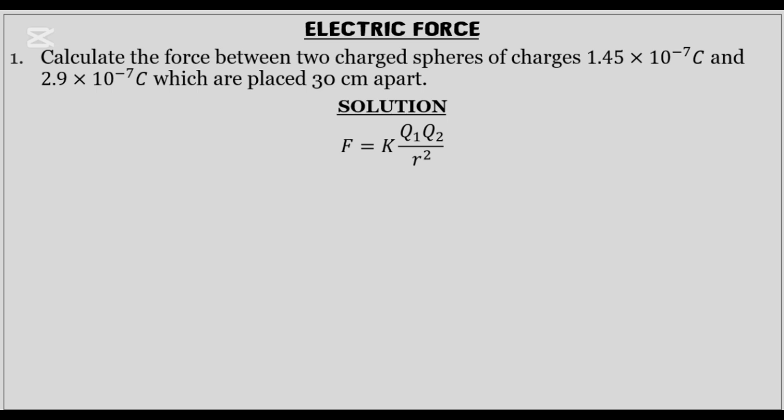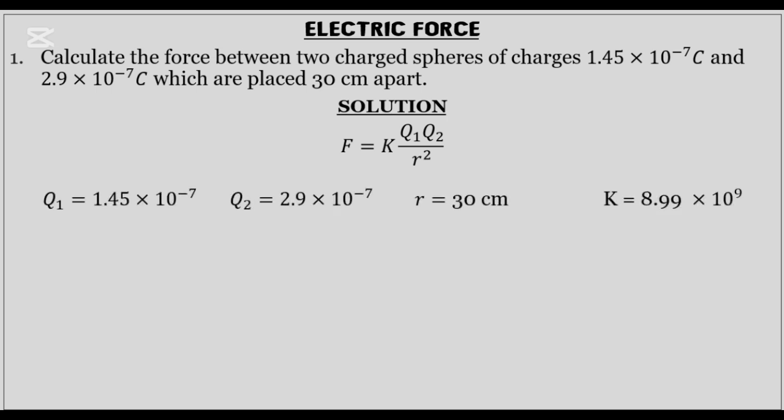Now, stating out the parameters given in the question, we have Q1, we have Q2, we have R, then we have our constant K. So what we will be doing here is direct substitution, since we have our values stated out from the question. Now we have to convert the distance into the standard unit, which is meters, because in the question it was given in centimeters.